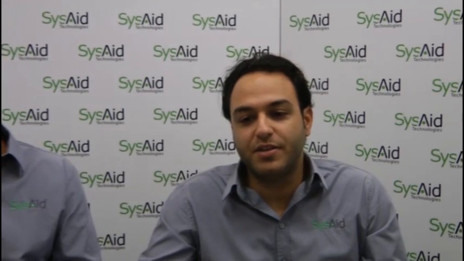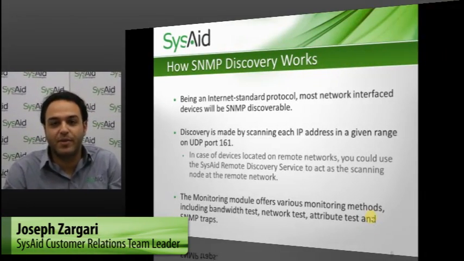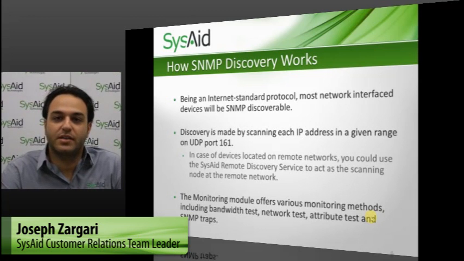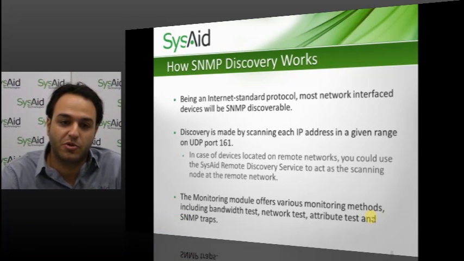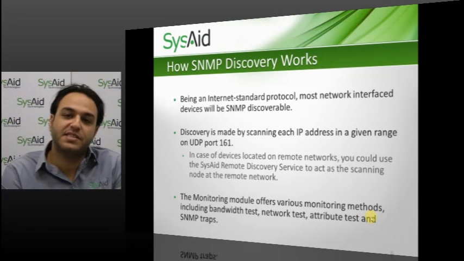I would like to continue basically what Hanan started to explain about SNMP, giving an introduction on the protocol. Well, being an internet standard protocol, most of the network devices will support the SNMP protocol.